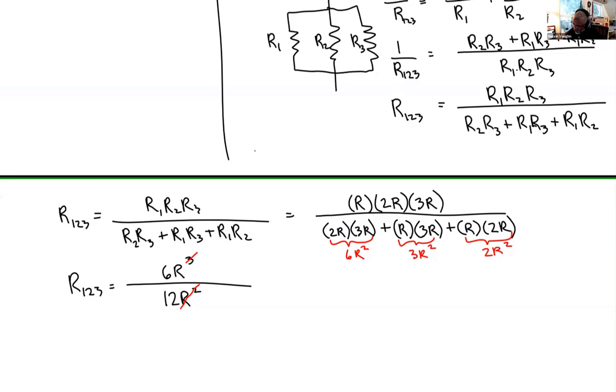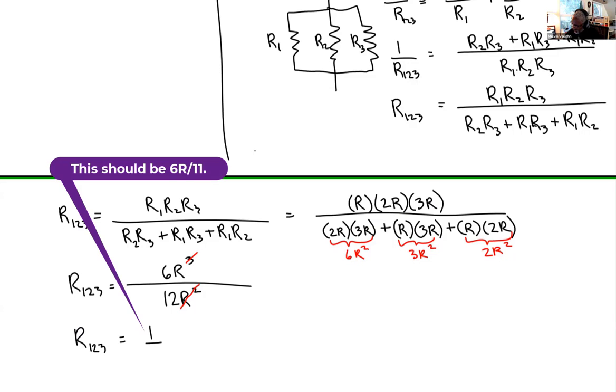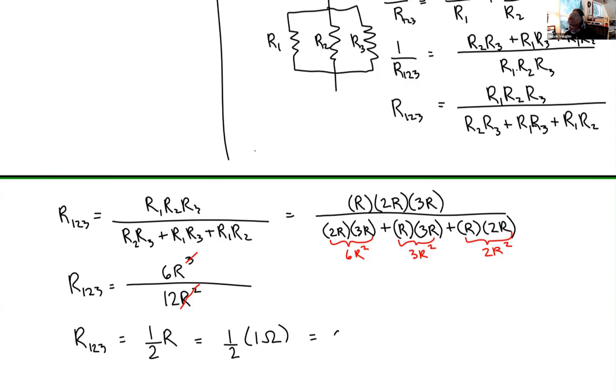This leaves us with the equivalent resistor being equal to 1/2 R. In other words, 1/2 of 1 ohm, we could replace those 3 resistors in parallel with a single equivalent resistor. And that's great. We could save our materials.